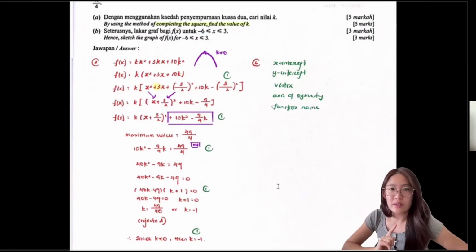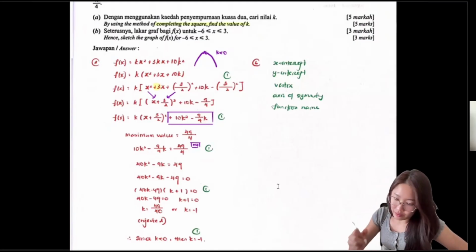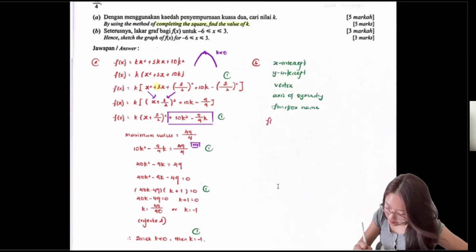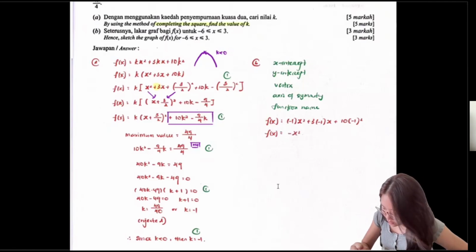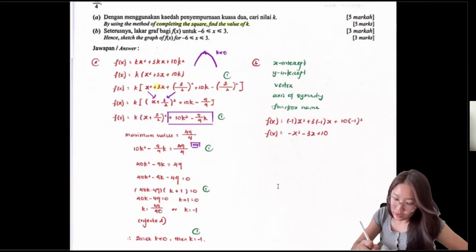Okay, so let us find out the, okay, we substitute the k first. K, we found -1, x squared, plus 3 times -1x, and then this is -1 squared. So negative x squared, -3x, and plus 10. Okay, because we need to draw from -6 until 3, we need to find the points there.